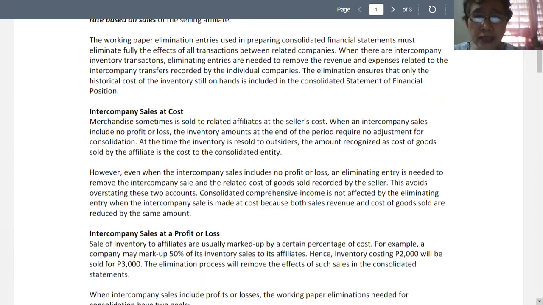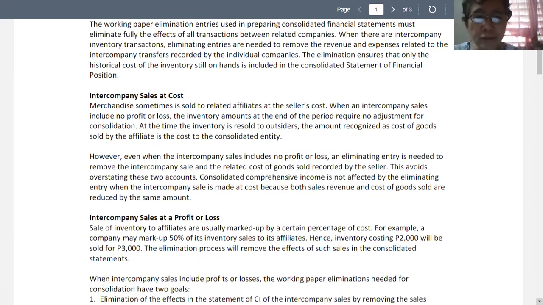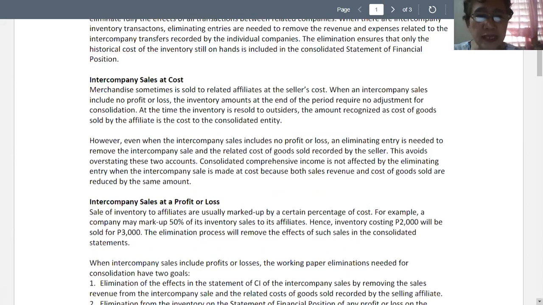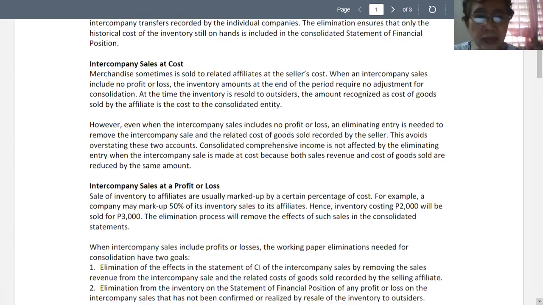When intercompany sales include profits or losses, the working paper eliminations needed for consolidation have two goals. Number one, elimination of the effects in the statement of comprehensive income of the intercompany sales by removing the sales revenue from the intercompany sale and the related cost of goods sold recorded by the selling affiliate.